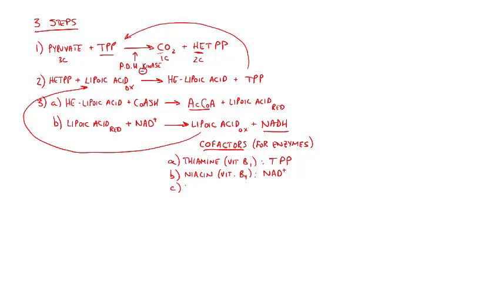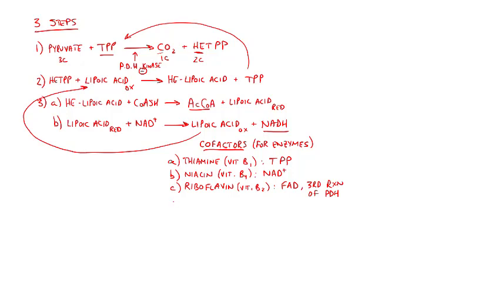A third cofactor that is needed for pyruvate dehydrogenase and also a few other enzymes is riboflavin, which is vitamin B2. So riboflavin is what the electron acceptor on FAD is made from. And it's also involved in the third reaction of pyruvate dehydrogenase. So that's what riboflavin is for.